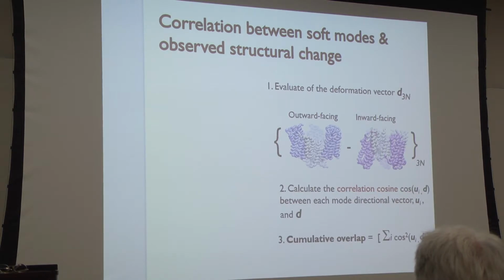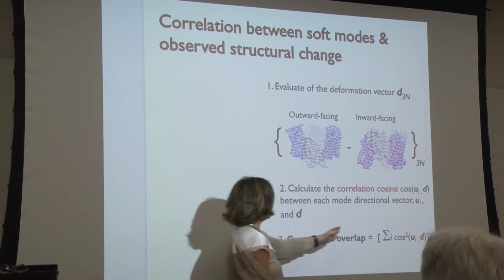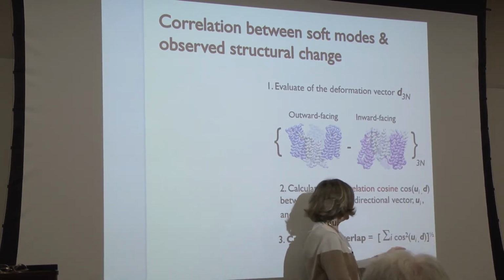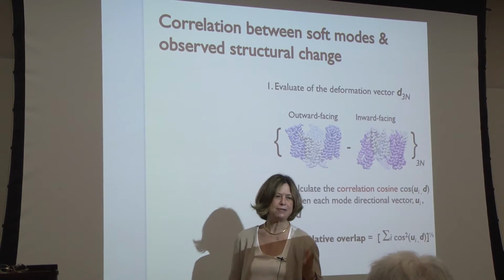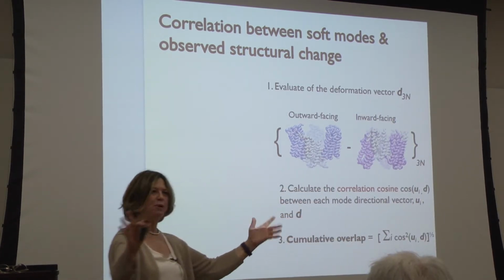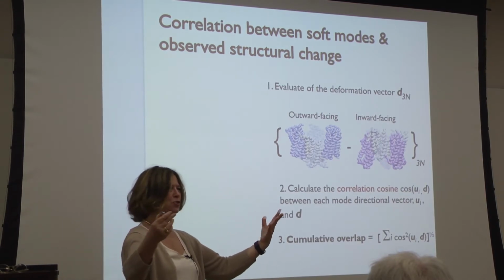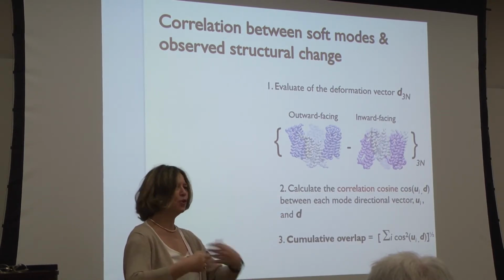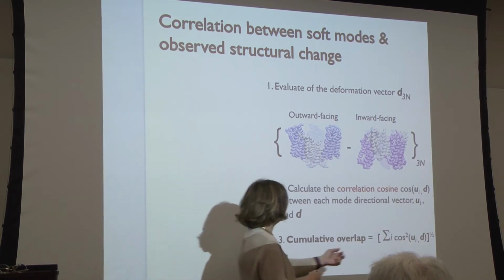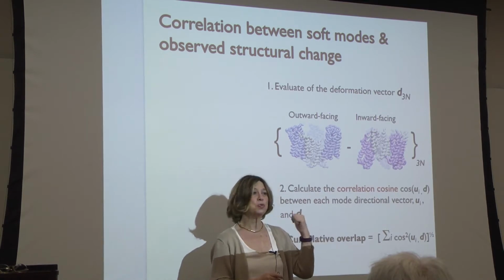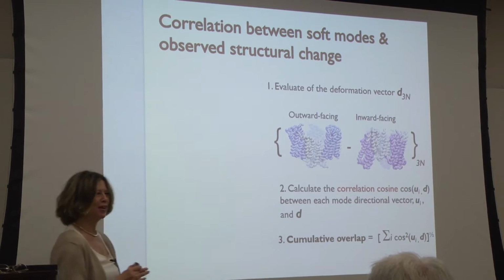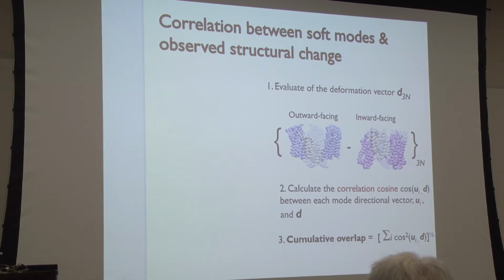And as I mentioned earlier, when you take the correlation cosines, square them up, sum over all modes, and then take the square root of the summation, by definition, this is equal to 1. So the modes, the spectrum of modes, provides to you like a complete set of all accessible motions one way or another. But what matters is whether those observed experimentally are the easiest motions, are the most probable motions, okay? Whether they are among the soft modes.